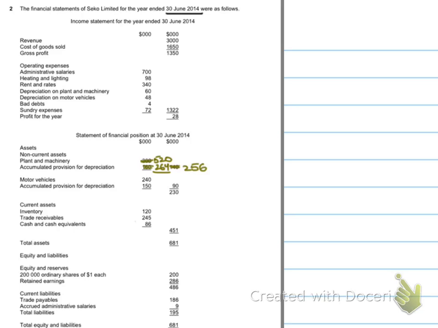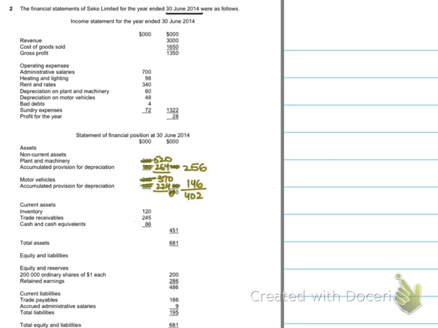Then for the motor vehicles, this becomes 370, this over here becomes 224, this turns out to be 146. So you total this up, you get 402. Right.